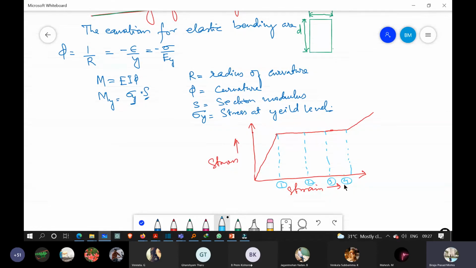Now what actually happens in this one? This is what we call the plastic bending of rectangular beams. These are the different stages. Now what happens in stage 1?